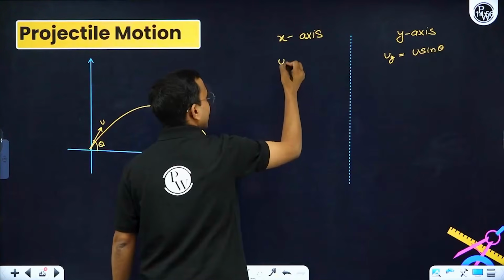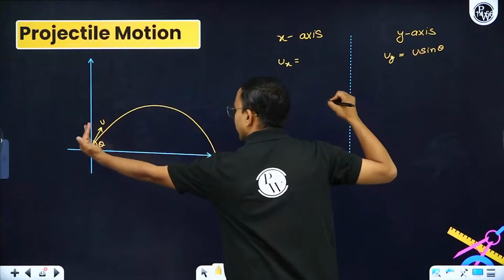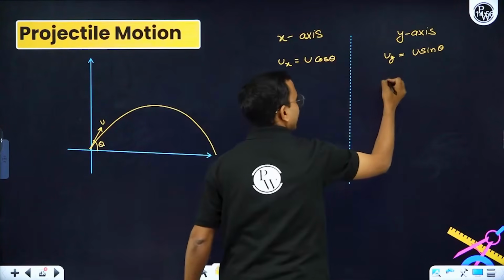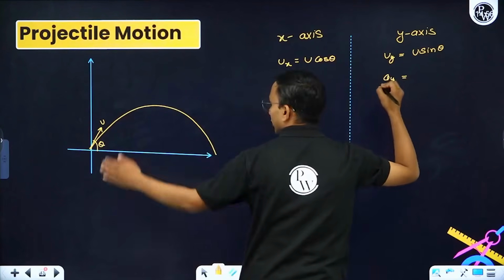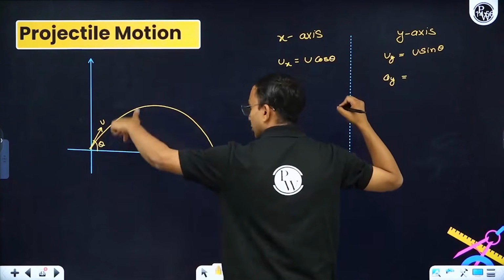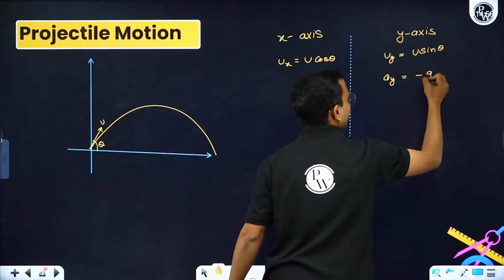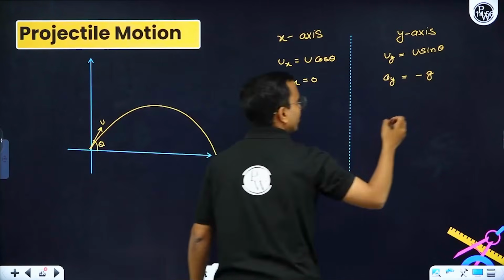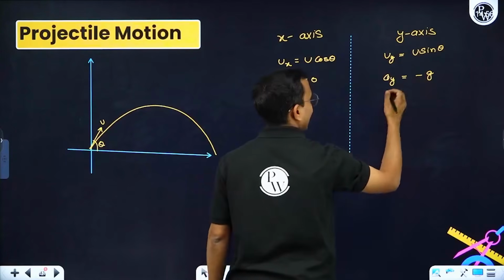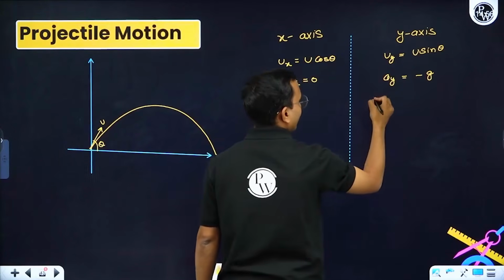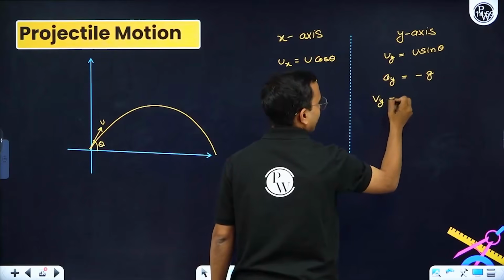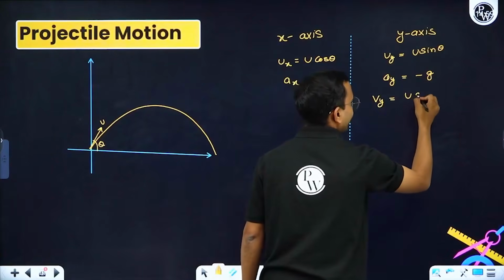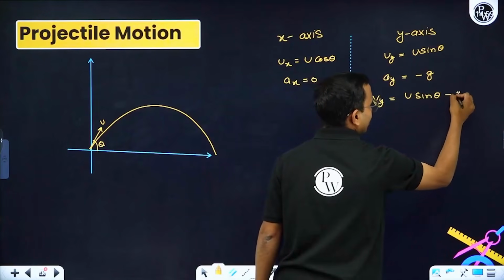Initial velocity along the x-axis, take the component along the x-axis: u cos theta. What is the acceleration along the y-axis? I'm taking upward as positive, so it's downward g, so minus g. Acceleration along the x-axis is 0. Getting it? Anytime I write the velocity along the y-axis, v equals u plus at, so vy is u sine theta minus gt.